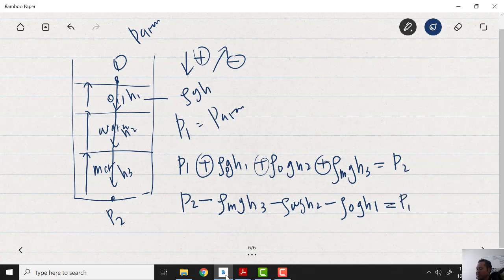It's actually the same; it depends on your starting line. If you start from the upper line and go downward, it becomes plus. If you start from the bottom and go upward, it becomes minus. I hope you understand what I'm saying.